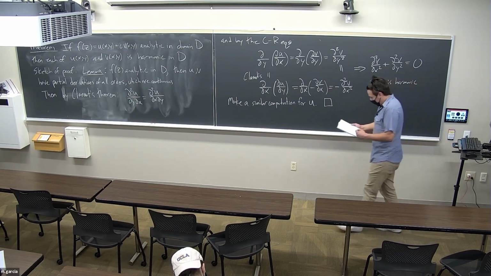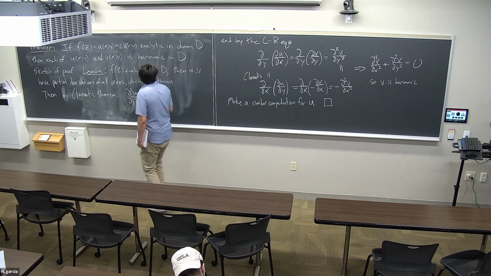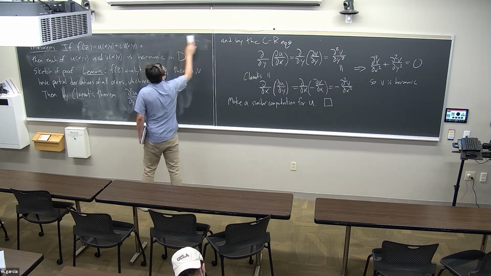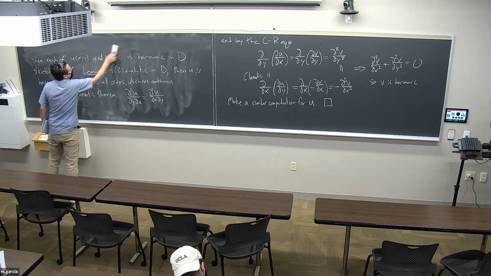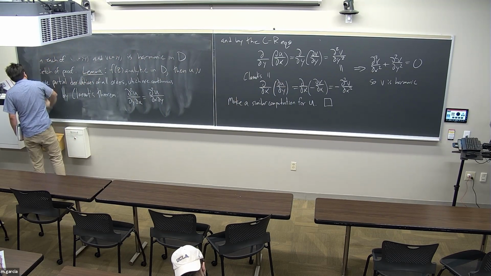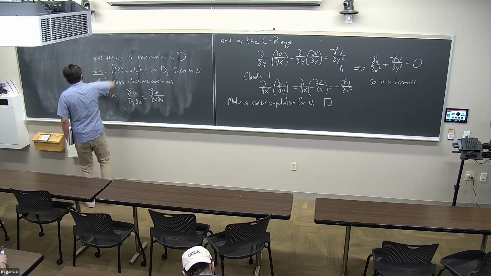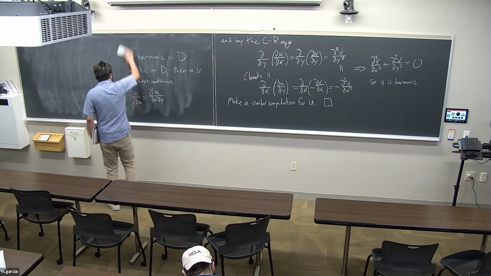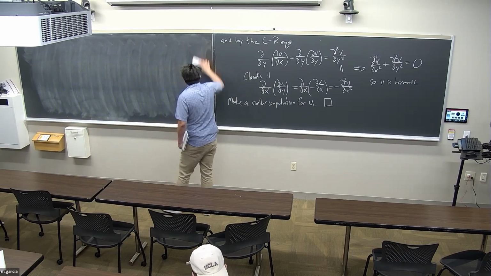So this is cool. It turns out in physics, solutions to the Laplace equation are all over the place. They arise in a lot of seemingly disparate physical situations. And in light of this result, maybe it's not really that surprising, right?